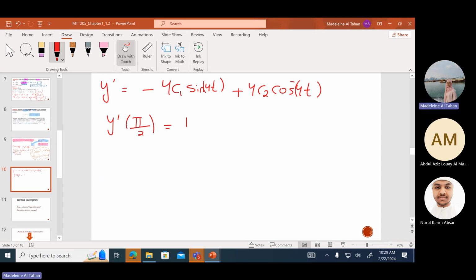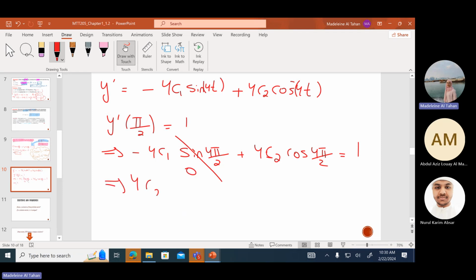Is given as 1, right, miss? Okay, substitute. What will we get? Negative 4 C1 sine 4 pi over 2 plus 4 C2 cosine 4 pi over 2 is equal to what? Sine 4 pi over 2 is what? 0. What will we get? 4 C2 is equal to 1. So C2 is equal to 1 over 4, right, miss?